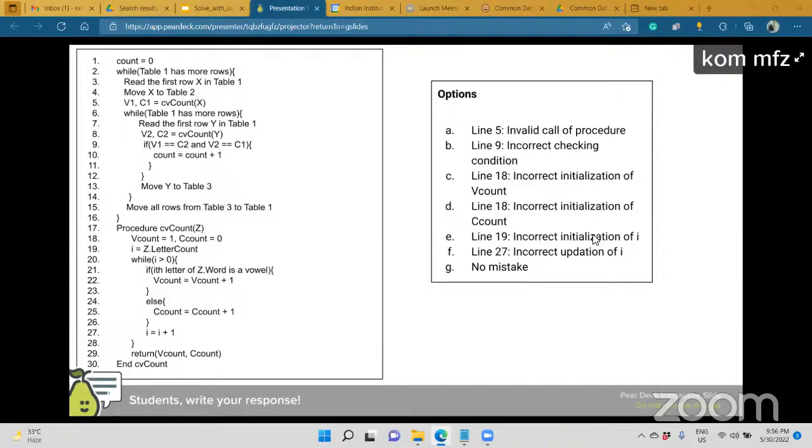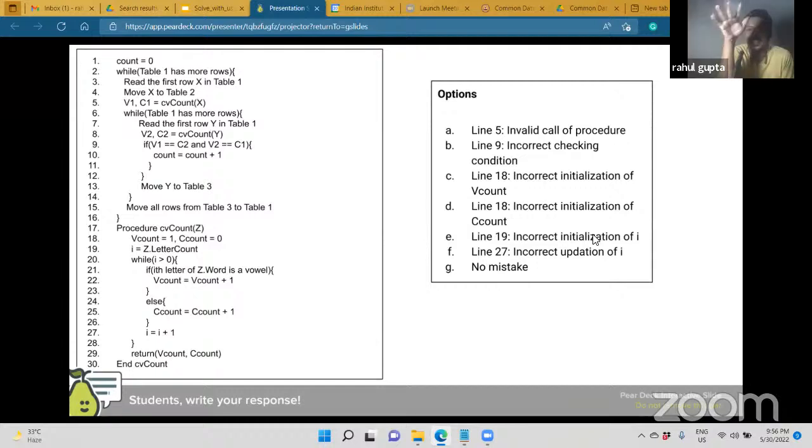It could be a string also. So we are putting an integer count value in V1, C1, but we don't know what type of variable V1, C1 is, whether it is an integer variable or not. That is the reason I have doubt regarding line 5. And that is a correct doubt. But here we are not taking that into account.